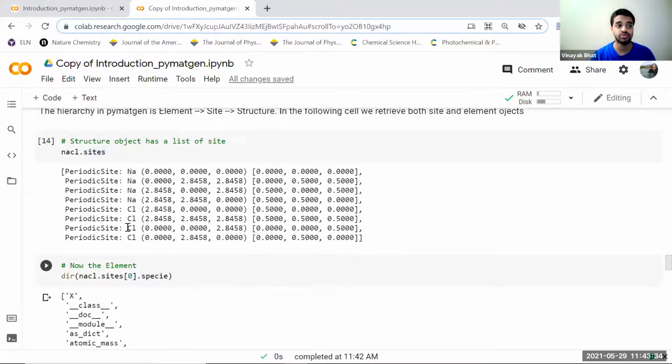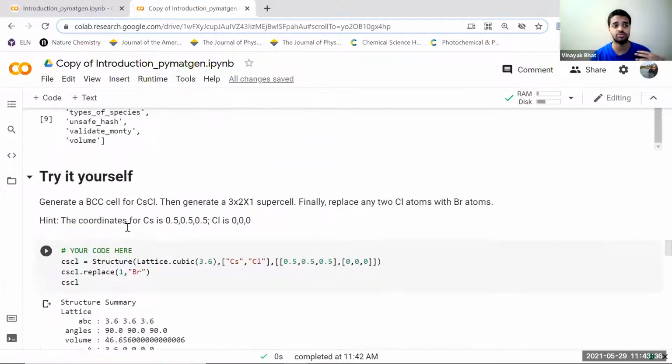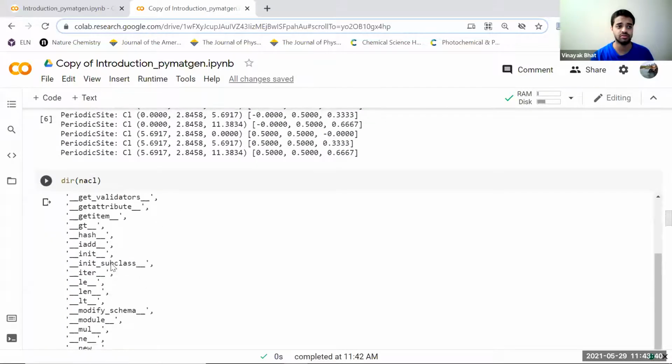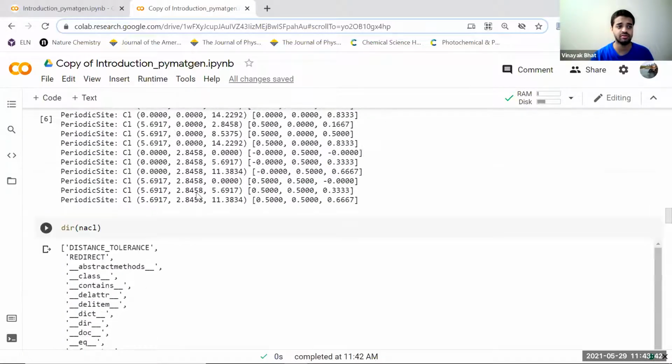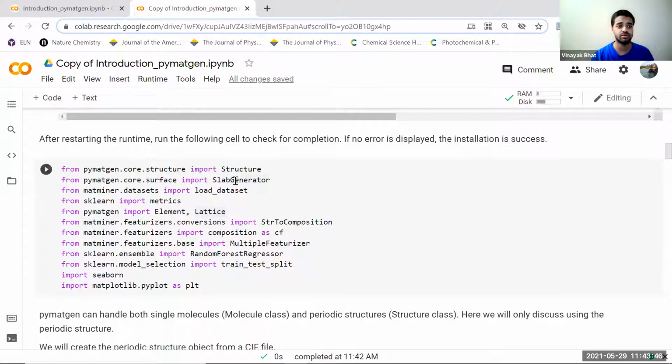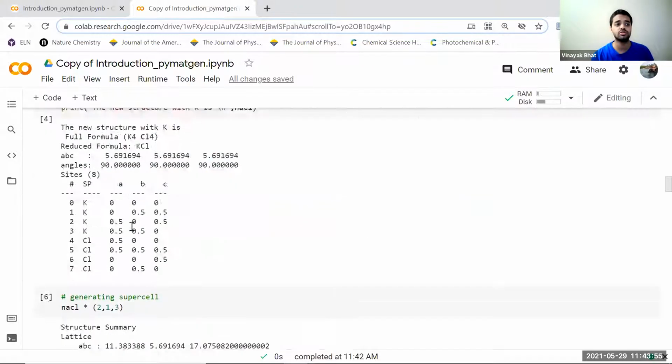There are ways in which you can generate slabs for simulation once you have the structure. And I think I do have a slab generator imported. So it's called slab generator. And you can pass in the structure and generate slabs if you want. If someone is familiar with that term, you'll recognize that.